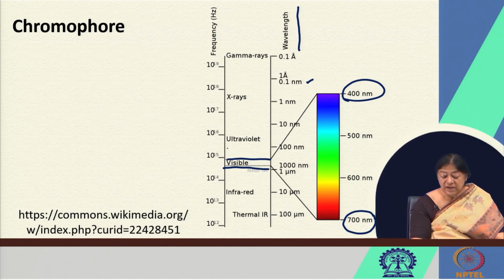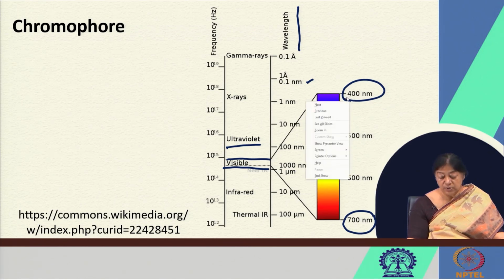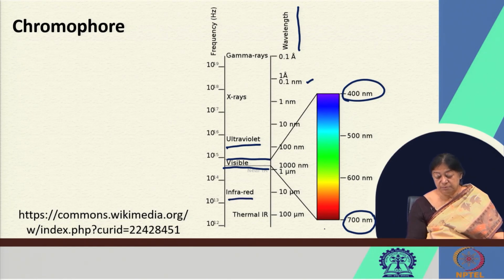Now, we have the ultraviolet region that corresponds to a specific wavelength that is going to be less than 400. We know that we have the IR region that is going to be the region beyond 700 nanometers.